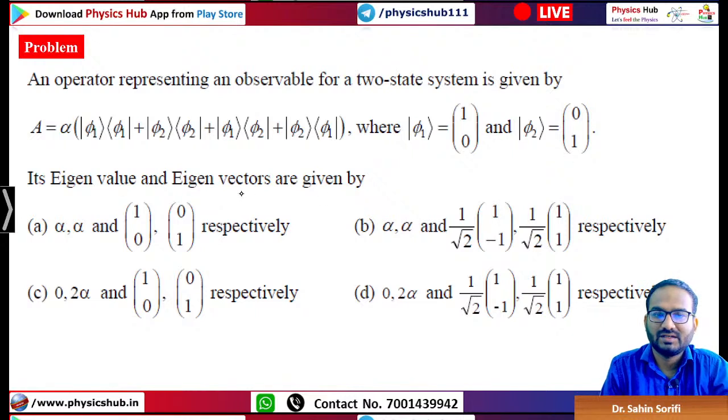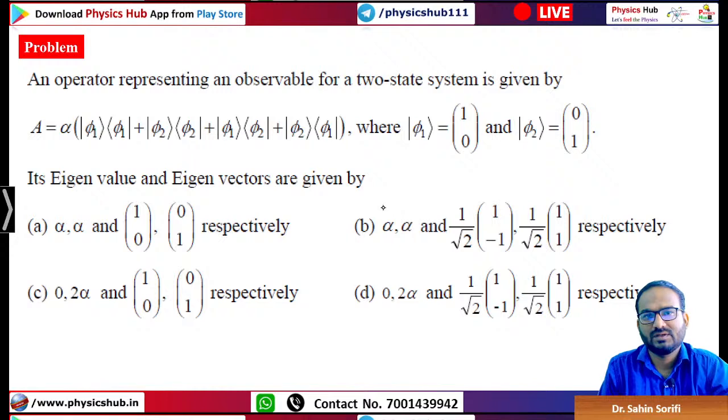Its eigenvalues and eigenvectors are to be found. So this problem asks you to represent this operator A in matrix form. Once you express it in matrix form, you can easily find the eigenvalues and eigenvectors the way we have done it in mathematical methods. That's it. Can you do this?